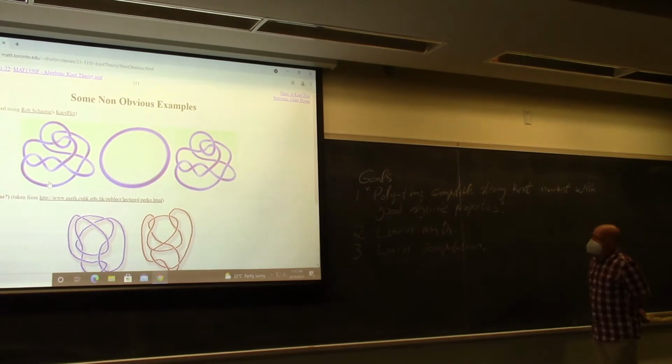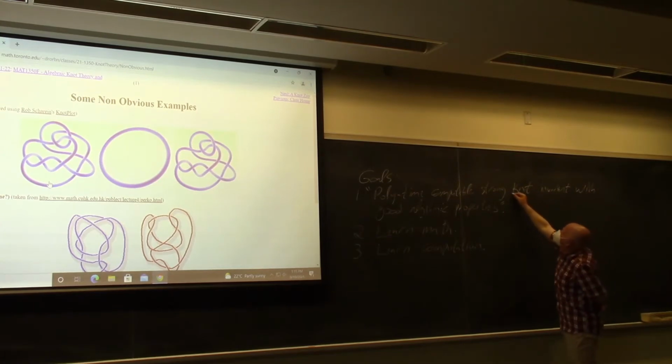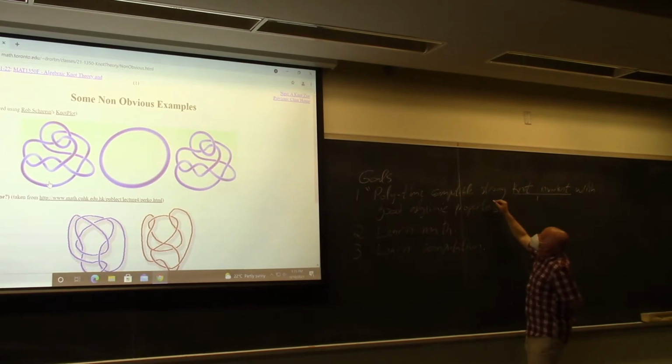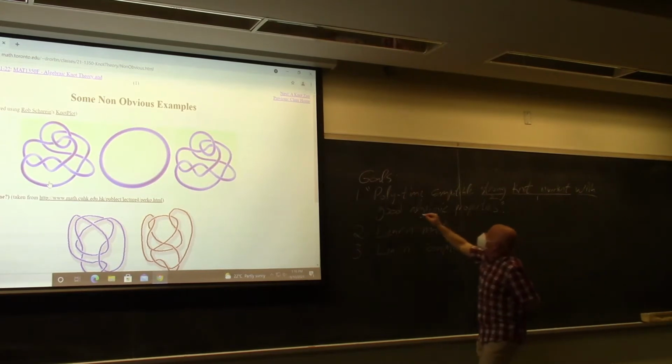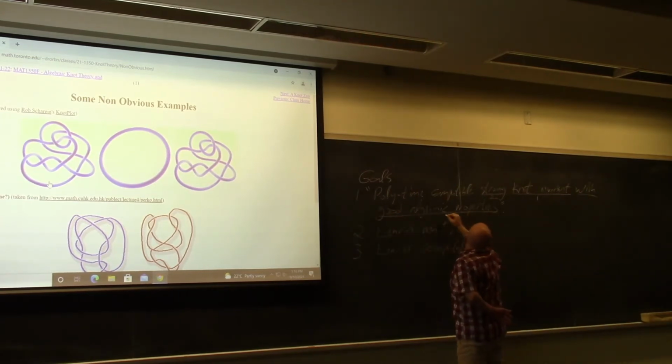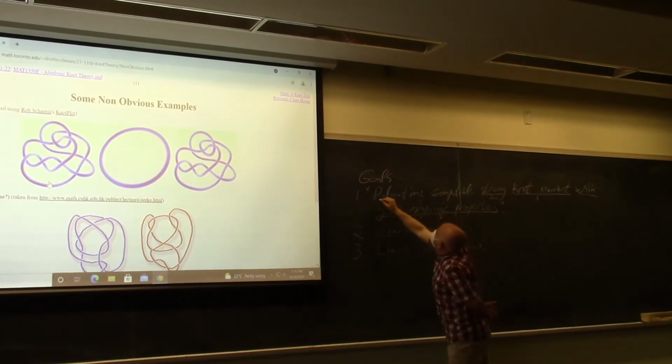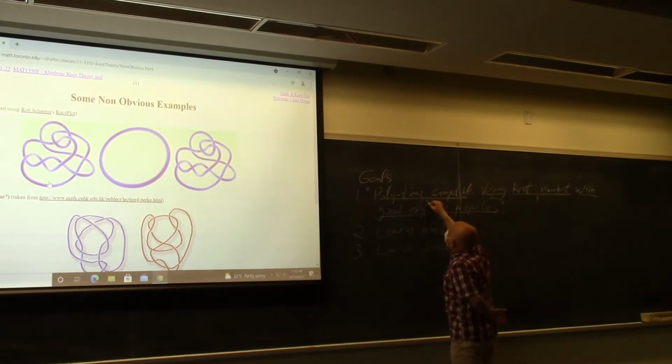So let's go through explaining these words in a certain order. I think the order will be knot invariant, then strong, then good algebraic properties, and then polytime computable.